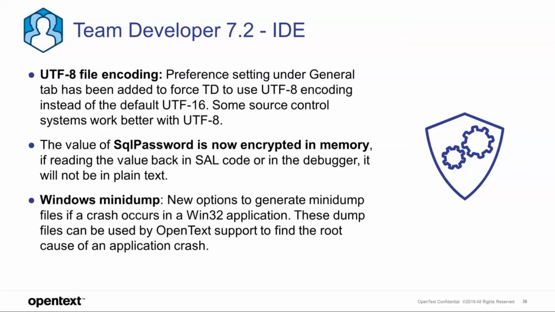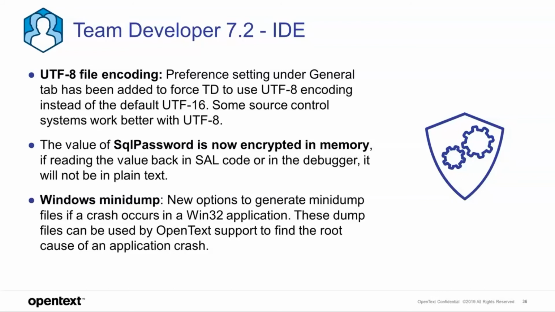In the IDE, we now have UTF-8 file encoding optional, so some source code management systems work mostly on UTF-8 files, and if you have one of those, then you can switch your default file encoding to UTF-8 instead of the default UTF-16. A security feature is that the value of the SQL password variable is encrypted in memory.